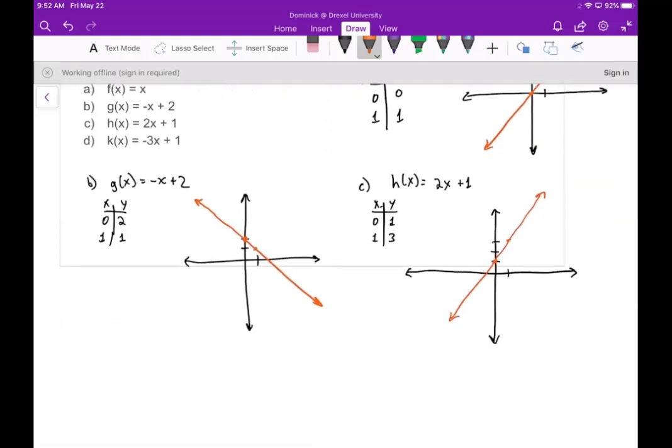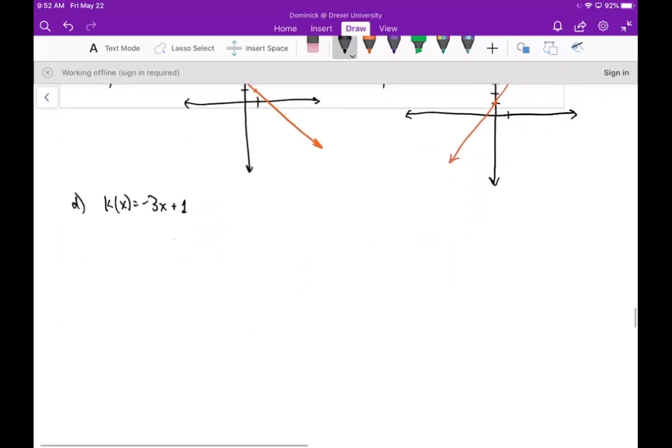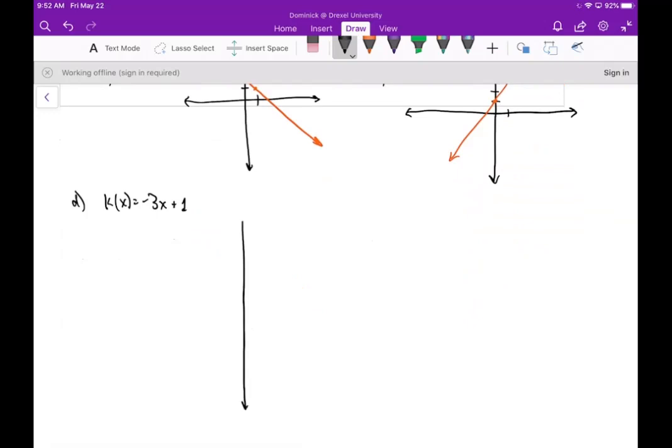Okay, and then part D, we have that k of x is equal to negative 3x plus 1. So again, we can plug in 0 and 1 and find out what y is. So for 0, we're going to get 1.